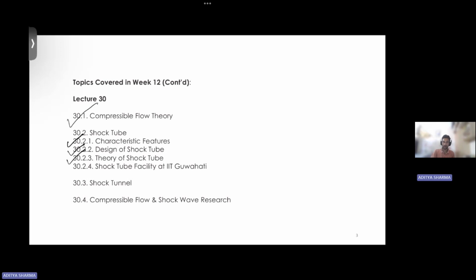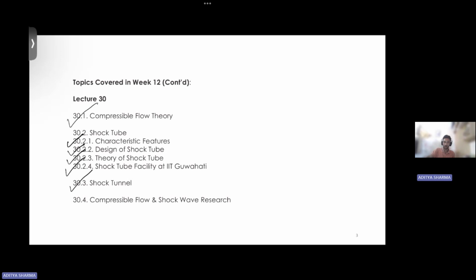At the end, we have a discussion on the shock tunnel. It has been mentioned that a shock tunnel can simulate Mach numbers in the range of 6 to 10.